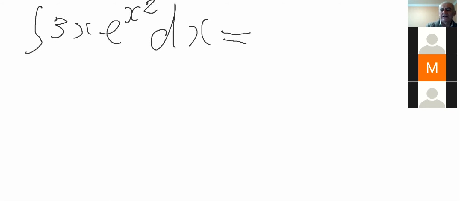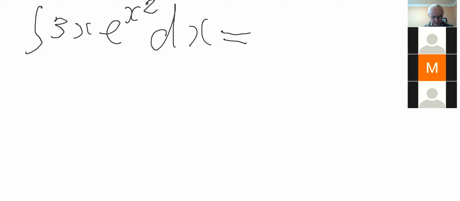For example, what is the derivative of x square? The derivative of x square is 2x. The power of x was 2, and after differentiation it's 1. So it's a good idea, it's a hint, to take this x into this differential.